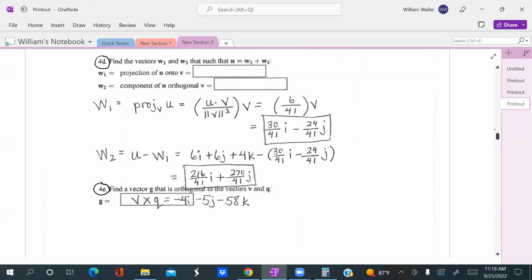If you're given 2 vectors u and v, one operation we have to perform is finding the projection of the vector u onto the vector v. Or vice versa, you can find the projection of v onto u. But in this case, we want to find the projection of u onto v, okay?